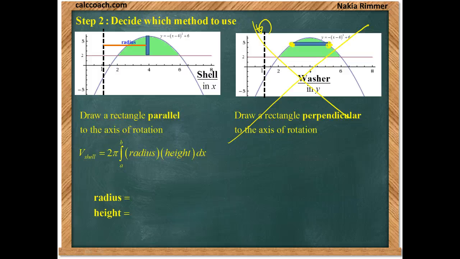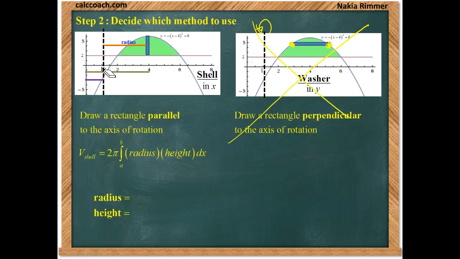This one is one quantity subtracted from another. We have the distance that takes us to the rectangle, and then we have the distance that takes us to the axis of rotation. If we subtract the distance to the axis from the distance to the rectangle, then we'll get the radius.